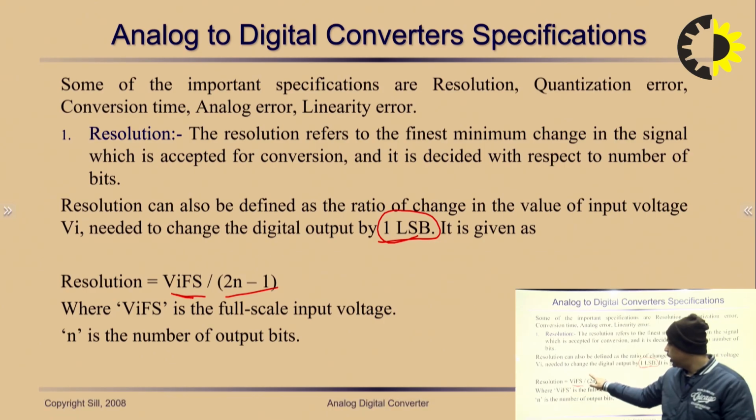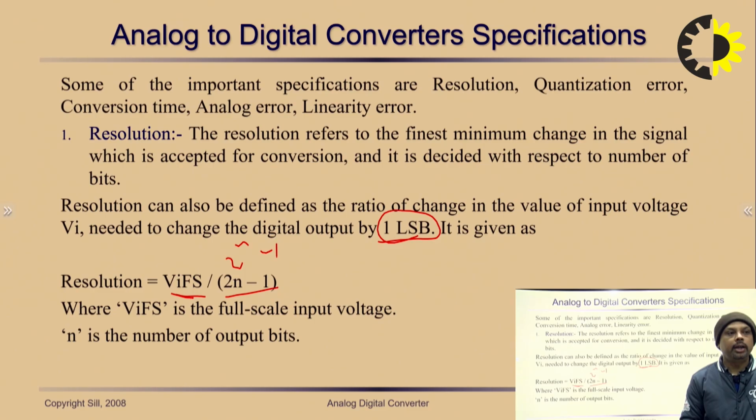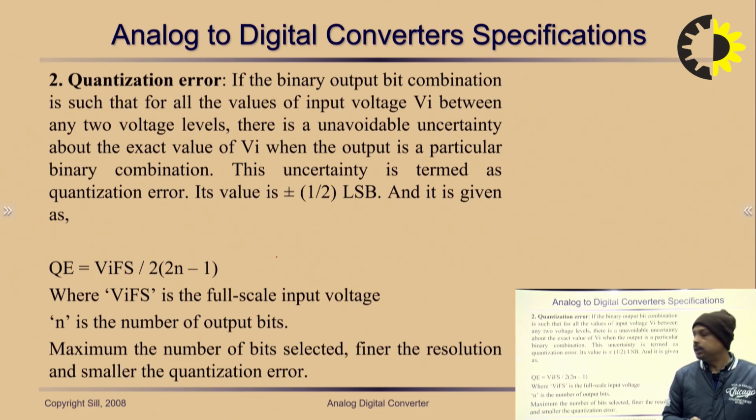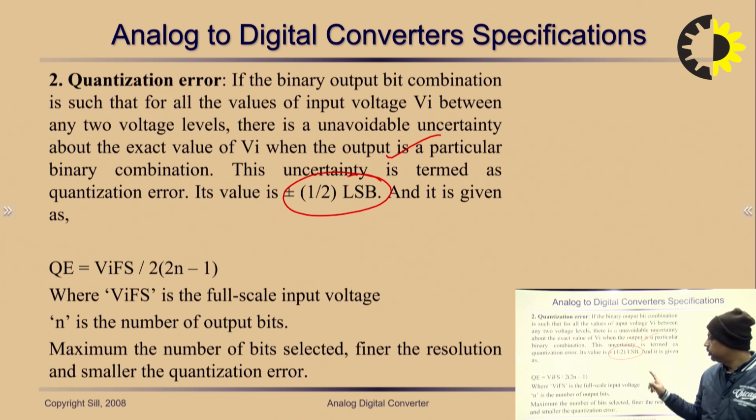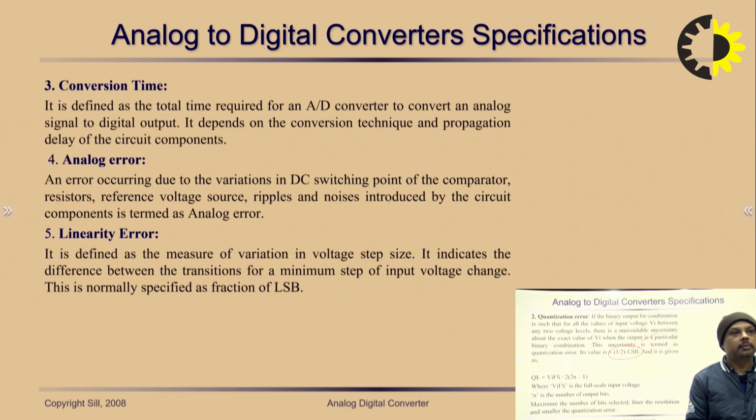It is not 2n, it is 2 to the power n minus 1. So we can find out the minimum voltage that is required to produce a 1 LSB output. Quantization error we already discussed, it must be a maximum of plus or minus half of LSB. So we can easily calculate this.